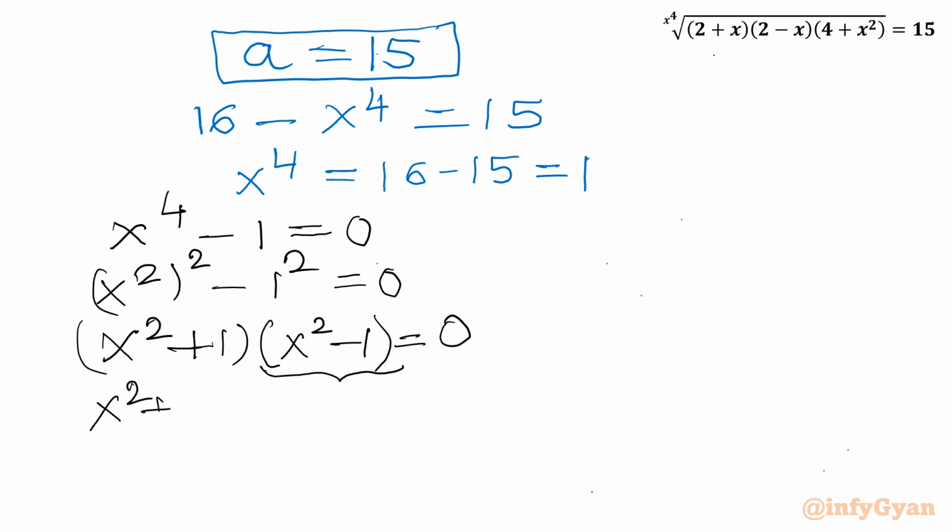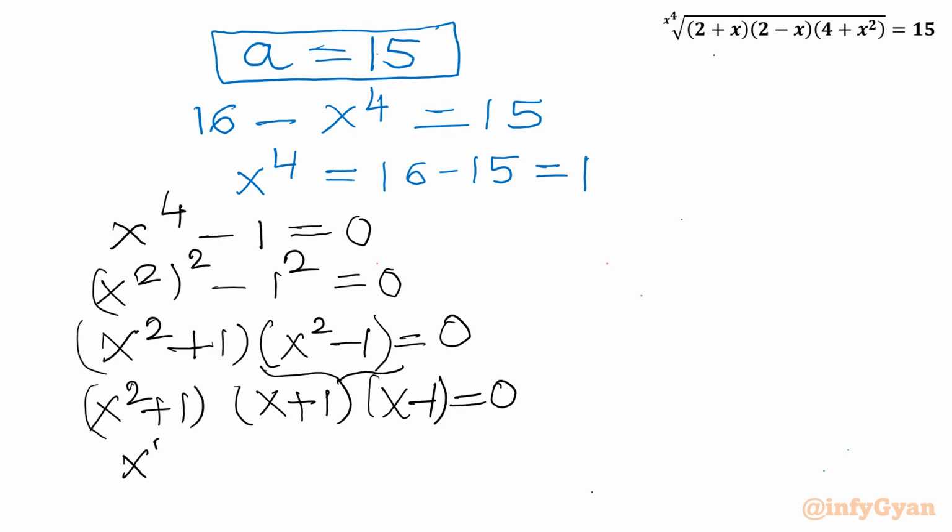So x square plus 1 times x plus 1 times x minus 1 equal to 0. So let us put all the brackets equal to 0. So from here x square plus 1 will be 0, x plus 1 will be 0, x minus 1 will be 0.